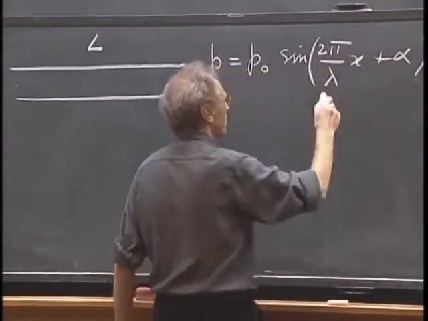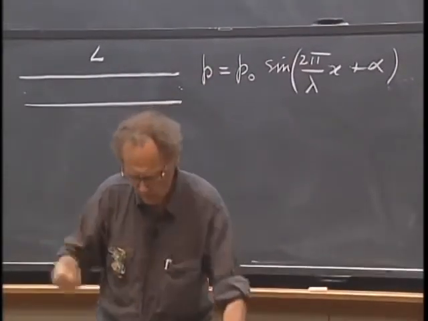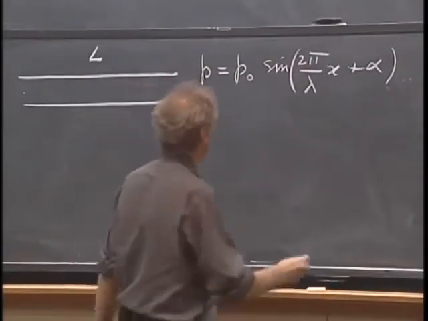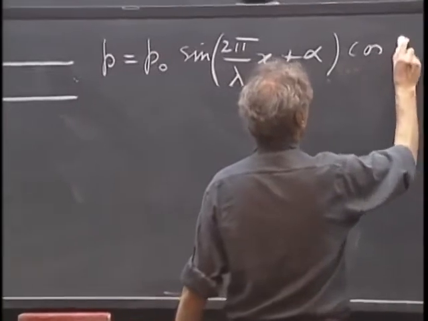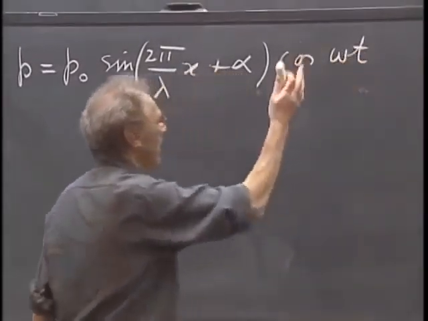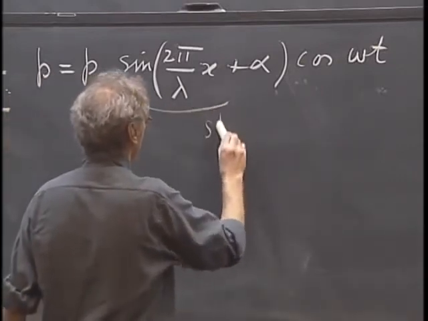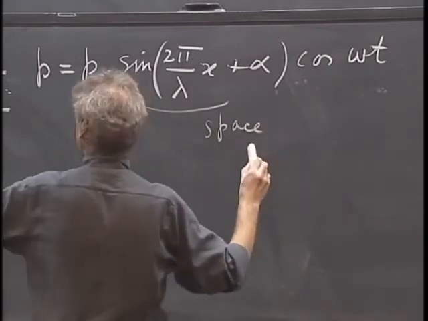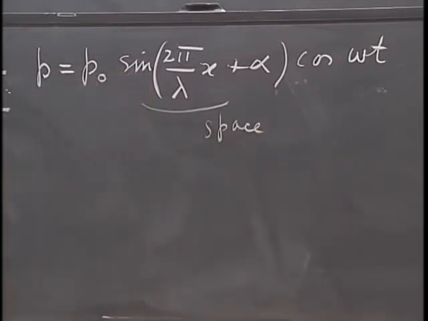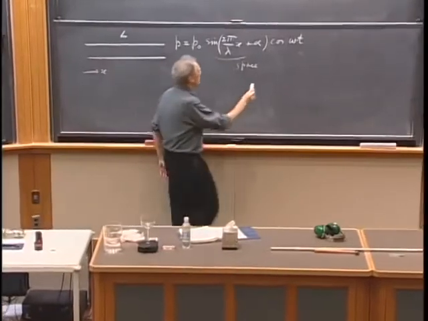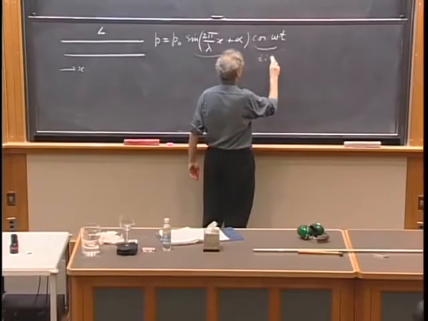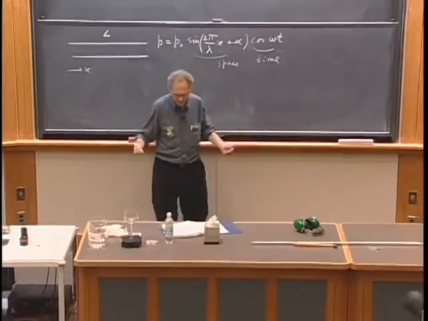I will introduce some phase angle alpha, for which I will find the solution very shortly, and then cosine omega t, or sine omega t if you prefer that. This is a standing wave in very general terms. Everything here is the space, x, and here all the information deals with time, which is typical for a standing wave.